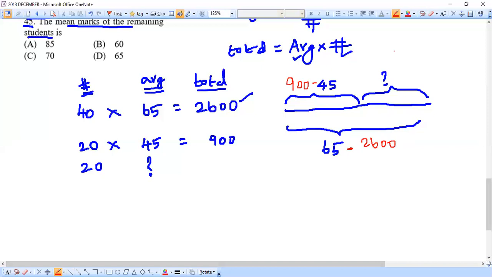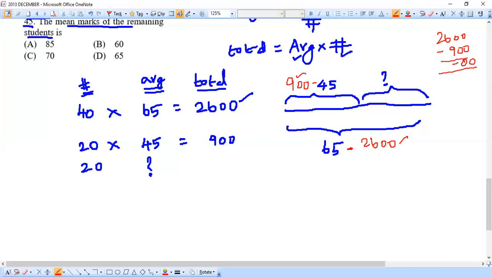Then just think of what can be the total for the remaining half. I know that for all the 40 students, the total is 2,600. Just for 20 of them, the total is 900. So what would be the total for the other remaining students? It would just be 2,600 minus 900. So what do we get if we subtract?